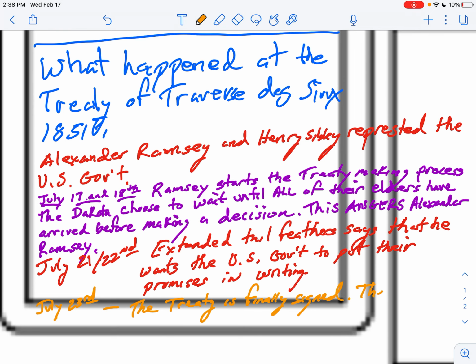The Dakota are worried though, aren't they? What were they worried about? They're worried that they will not see any money from the treaty.